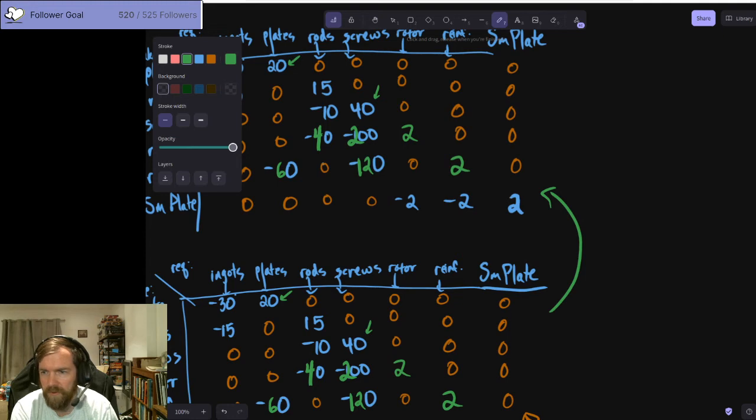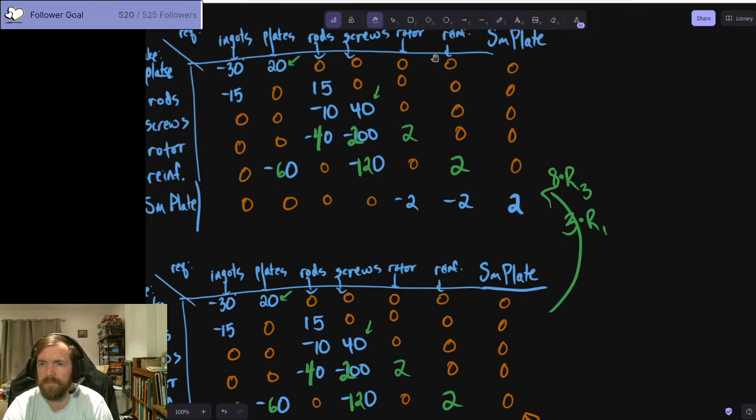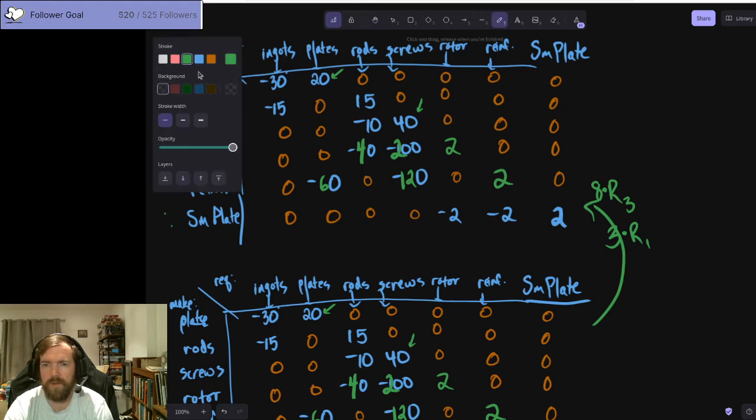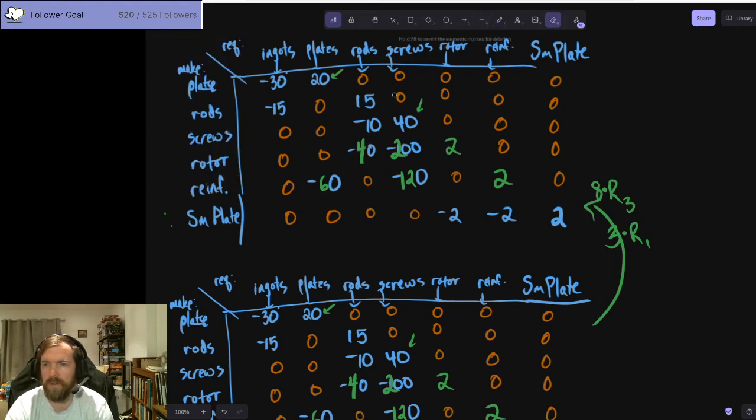So row 3 by 8 and row 1 by 3 in order to balance those two things out. So 1, 2, 3 by 8 is going to make this negative 80 and 320.